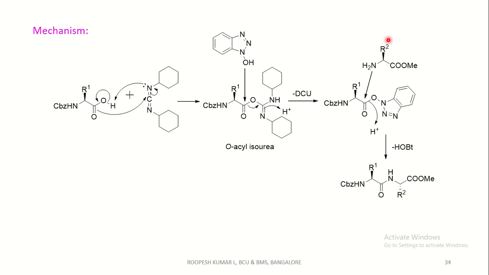To this, amino acid methyl ester is added. That is, the lone pair on nitrogen comes and attacks the carbonyl carbon, and this oxygen takes a proton to form HOBT. That is, HOBT is recovered and can be used further for peptide synthesis, and we get, as usual, the peptide bond in good yields without any side products.